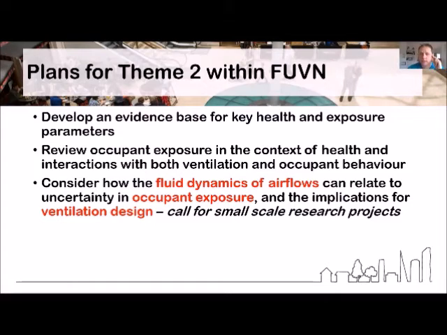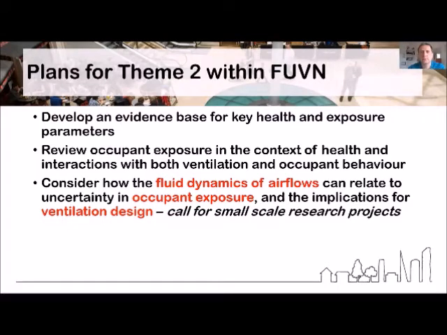Crucially, the whole network is really thinking about how the fluid dynamics of air flows outdoors through to indoors and back outdoors again determines occupant exposure and the need for good ventilation design.